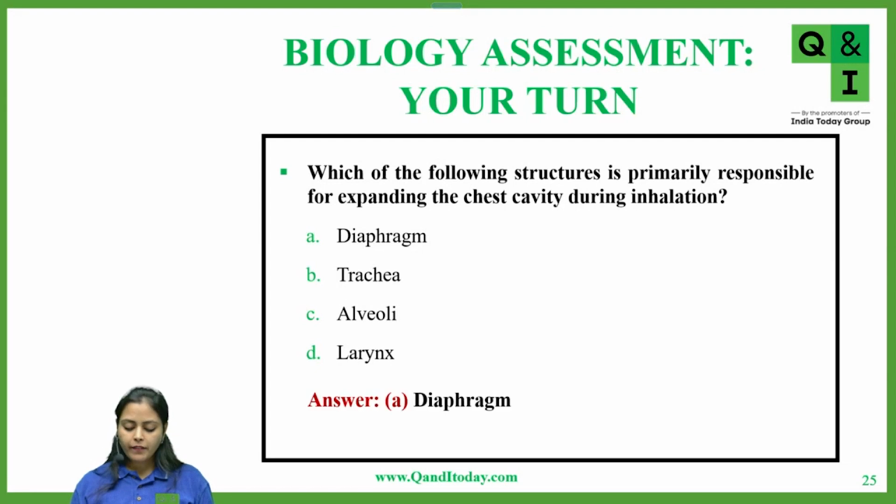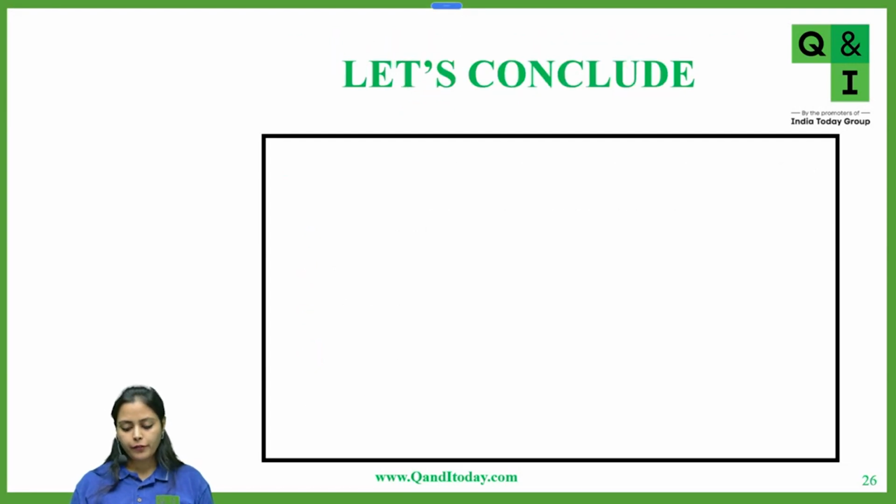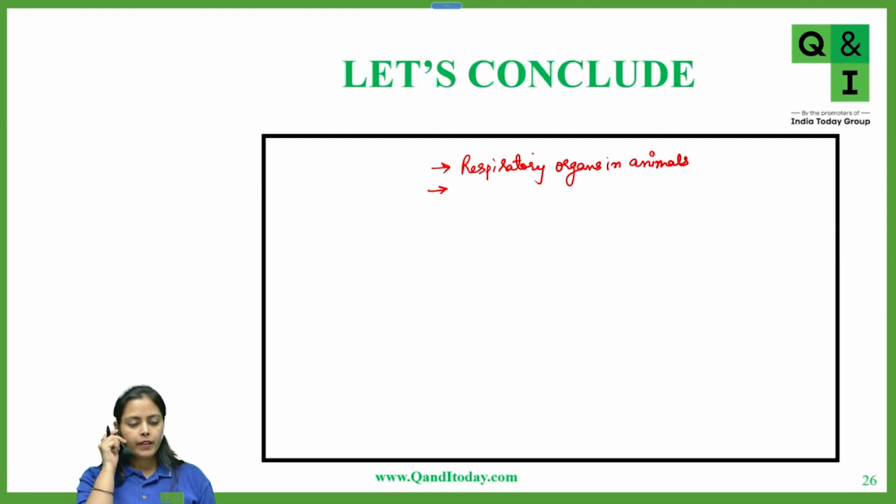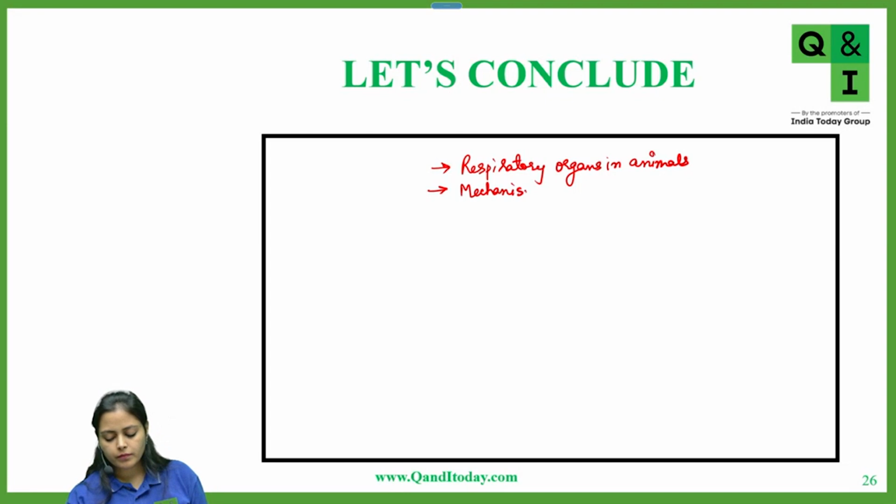Okay, very good, everyone. The correct answer is option number A, diaphragm. Now let's conclude. In today's class, we have seen the respiratory organs in animals, and we have also discussed the mechanism of breathing in humans.